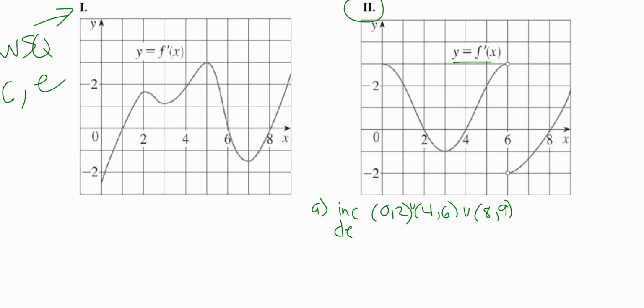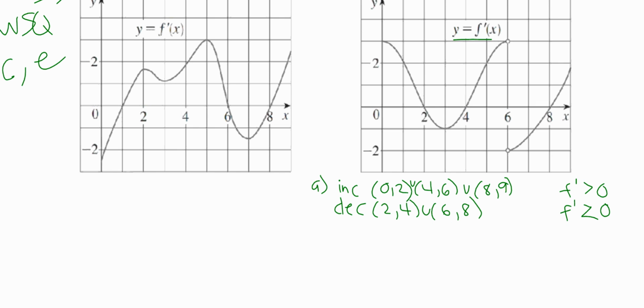And it's decreasing when the derivative is negative. And there we go. Okay, and I'm going to write that just so you know what we did. The derivative's positive, derivative is negative. Part B.